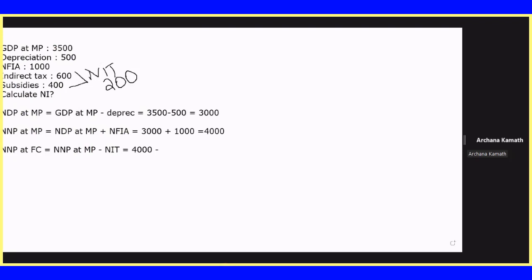It's not given directly in the question; you are supposed to find it out. If you deduct that 200, your answer is 3,800. This is your national income, 3,800. Am I clear?